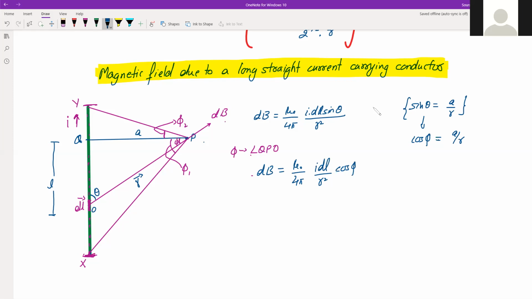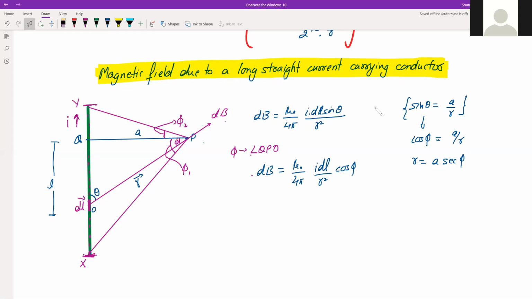And that's why I'm not writing here a by r, because this r is a variable now, right? So this cos phi is equal to a by r, which we have already written. So this r will be equal to a sec phi. So now we have r in terms of phi.